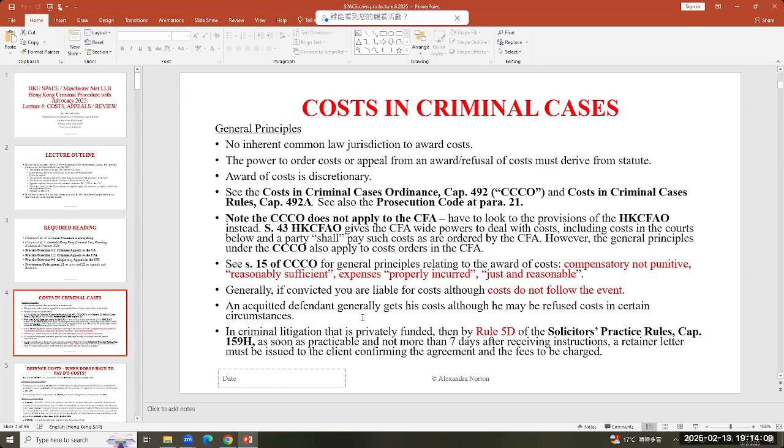If he's acquitted, then generally the prosecution will be ordered to pay the defendant's costs. But in certain circumstances, an acquitted defendant may be refused costs. So that would mean that he has to pay his own costs. It doesn't mean he has to pay the prosecution costs. It just means that he has to pay his own costs. So we'll look at what those circumstances are. But in criminal cases, costs do not follow the event.